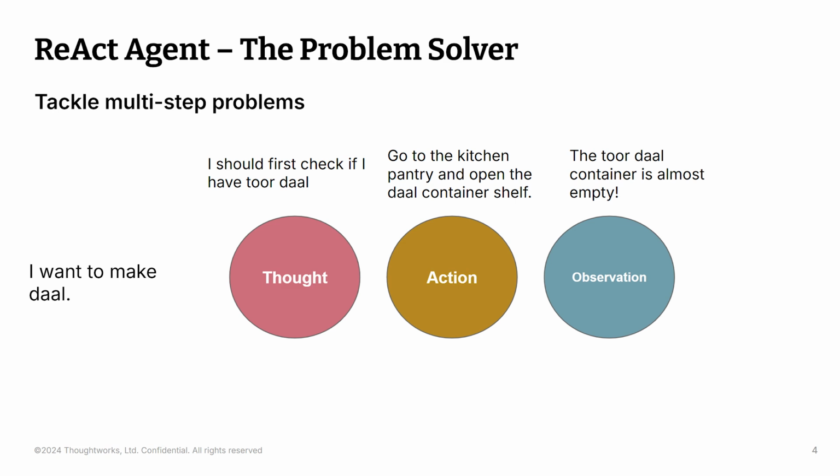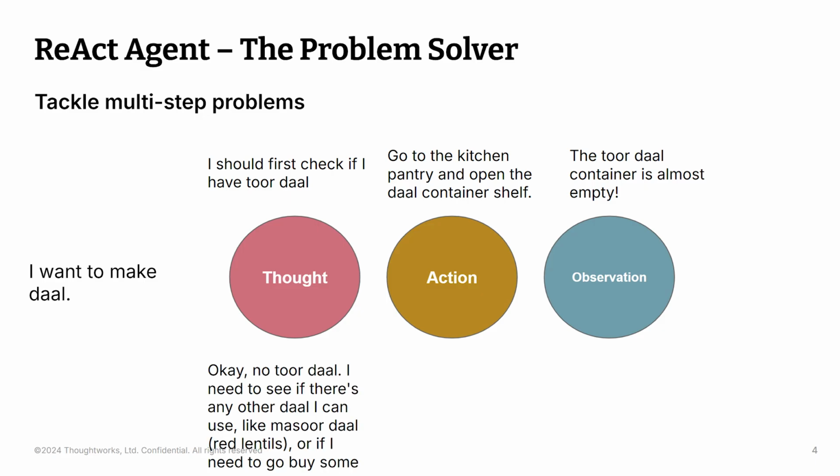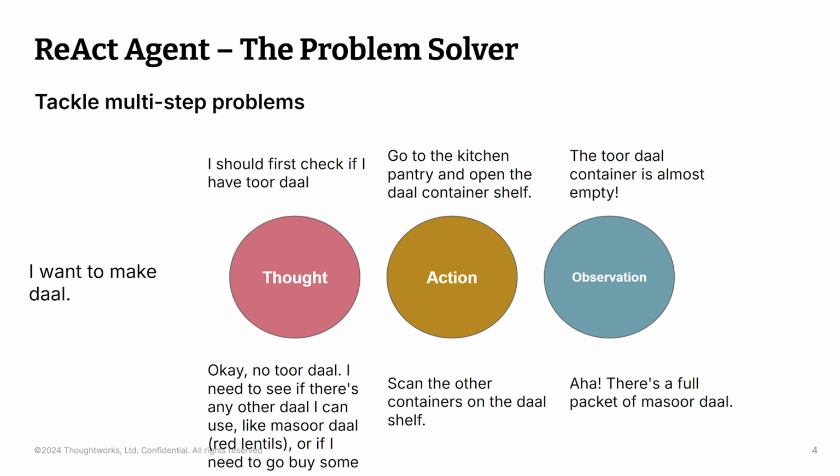Order from Blinkit, yes. That's a good thought. That's another thought, right? So after you completed a thought, action, observation, based on the observation, the next thought was to order from Blinkit. Or check if you have anything else, maybe masoor dal. Then if that's your thought, the action would be to look at the other container, and then you say there is a packet available.